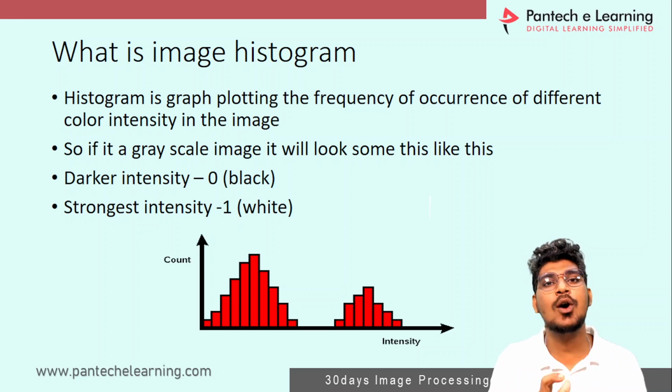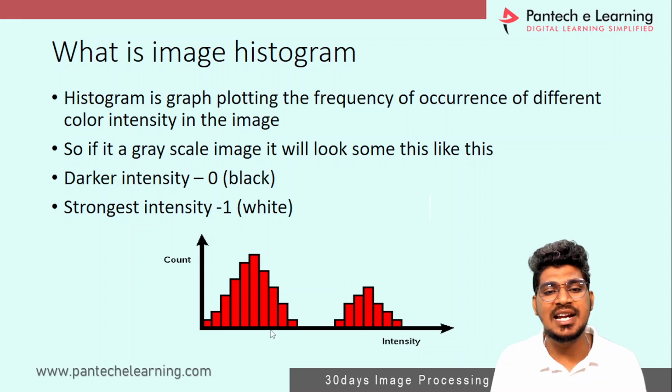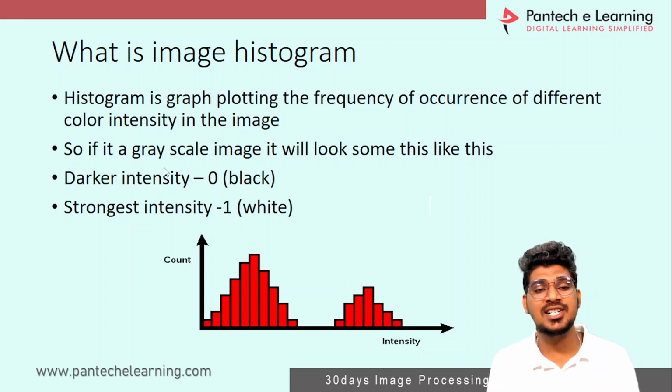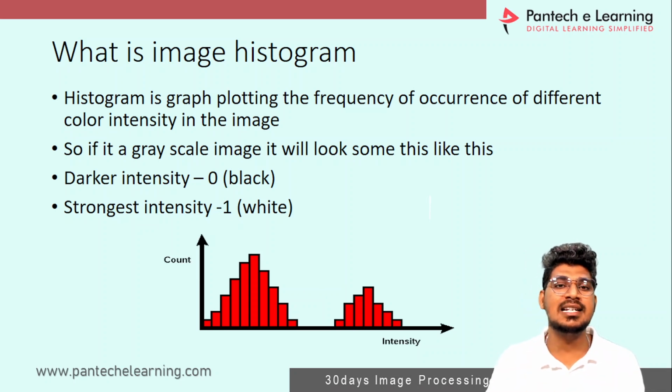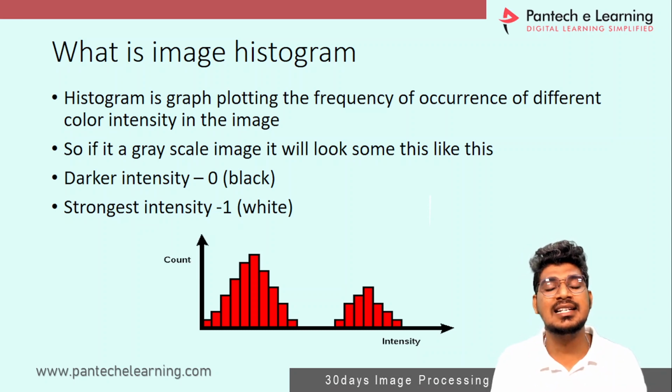Depending on the pixel intensity, the color intensity, it will be distributed like this. It is not even, it is high or low, this kind of thing. That is why I mentioned here, the darker intensity is nothing but 0, that is black, and the strongest intensity is white, that is 1.